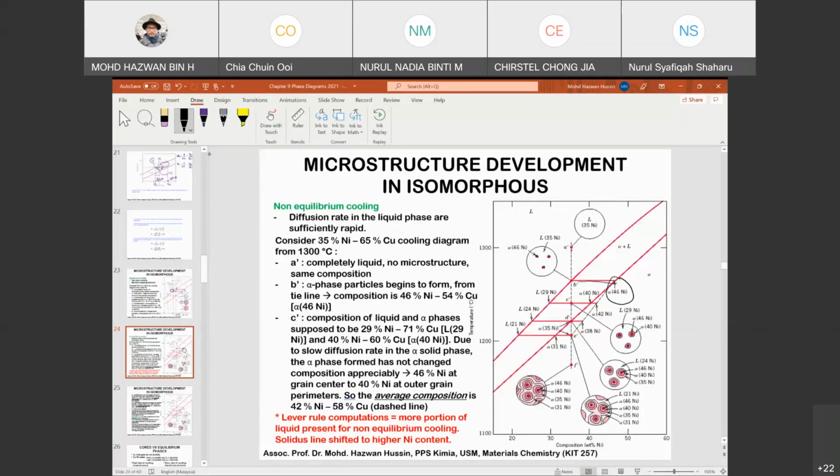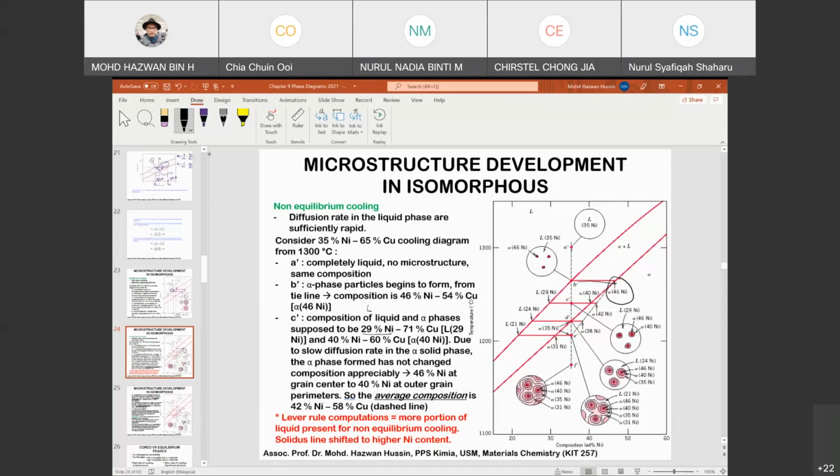be 25%. And actually, for liquid, L is supposed to be 29, and alpha is supposed to be 40.